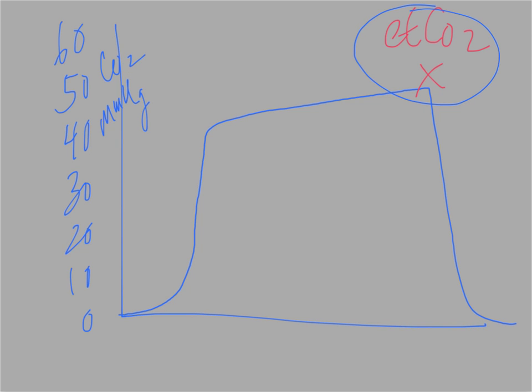We need to remember that for end tidal CO2 to be a normal measurement, we're thinking 35 to 45 millimeters of mercury. Anything outside of those parameters, we need to delve into figuring out what exactly is going on with that patient. Is it a poor tracing? Is it artifact?